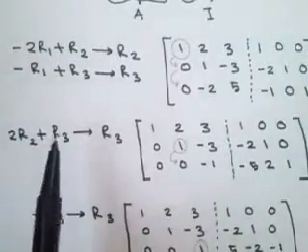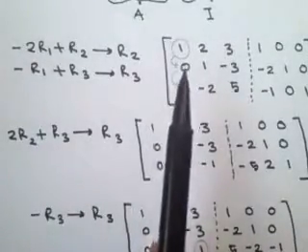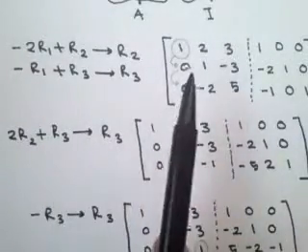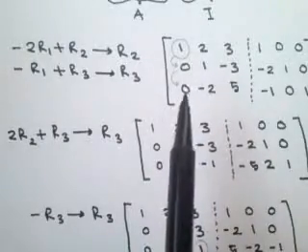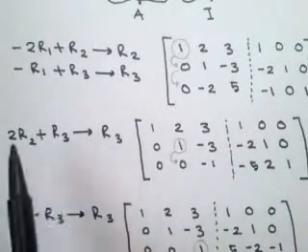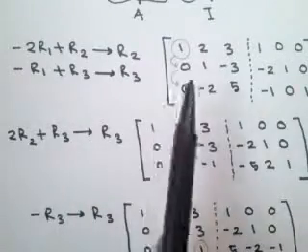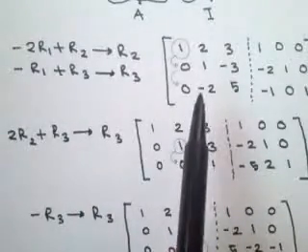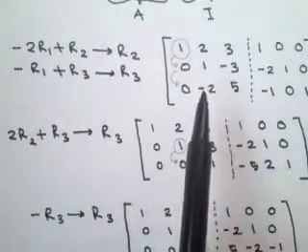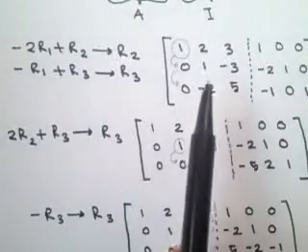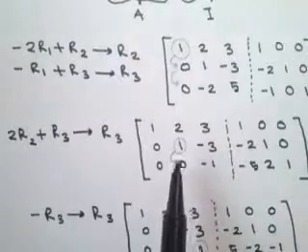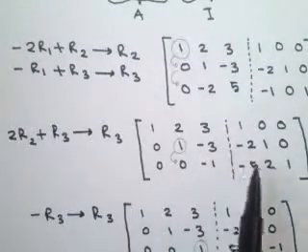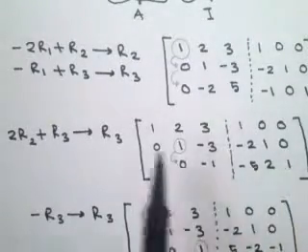So if we do that, 2 into row 2, there is 0, 2 into 0 is 0, and we add 0, we get 0 here. Then 2 into 1, and we get -2 here, so 2 minus 2, we get 0 here. So we got our 0 here, but we will not stop here, we will have to continue through the rows.